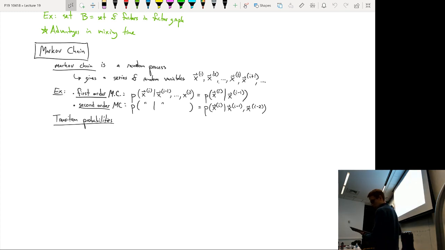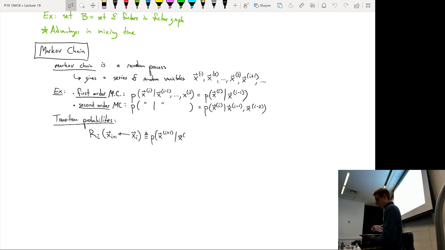So for a first order Markov chain, we could write down transition probabilities that we'll call R sub i of x^(i+1) from x^i. So it's the distribution over the next variable from whatever your current one is. And we're going to define that R to be the probability according to whatever our Markov chain is. So if it's a first order Markov chain, it's just the probability of x^(i+1) given x^i.